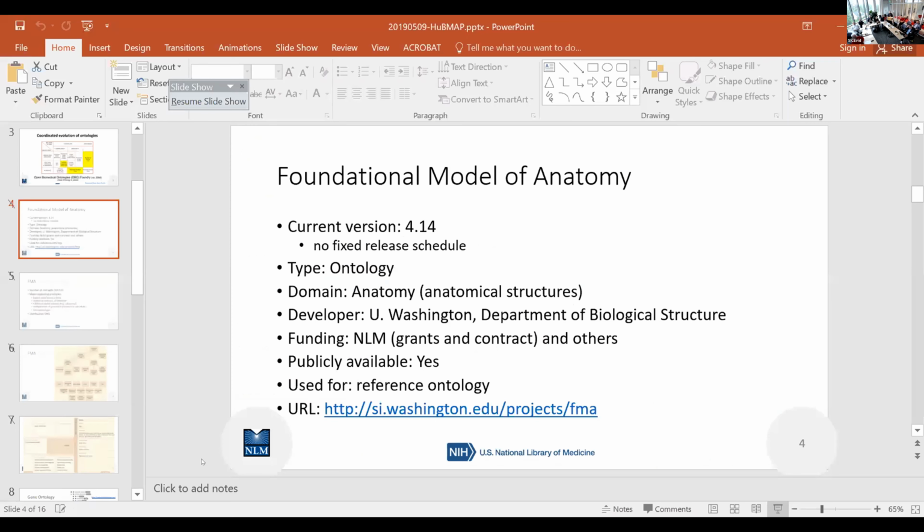Okay. So the FMA has existed for a long time. The origin of the FMA is the University of Washington Digital Anatomist, and that was an ontology of anatomy that was created for annotation purposes, to annotate the Visible Human images, if you wish, because NLM had funded the Digital Human.